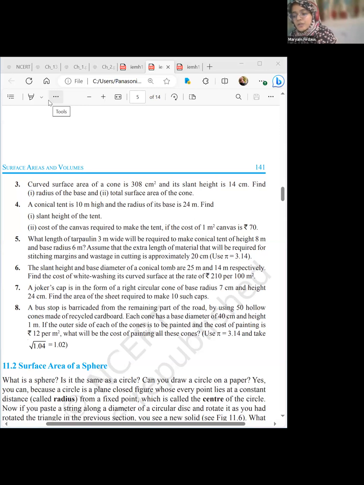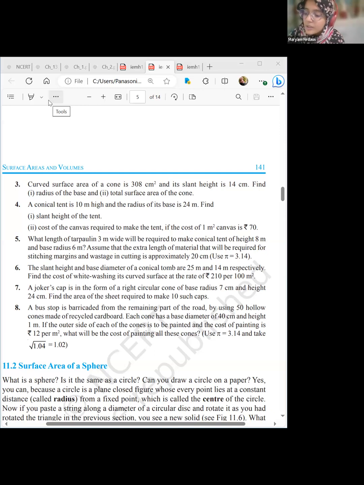That length we will just do plus 20, and that will be our final answer, because they are asking us how much length we need to tell the shopkeeper to cut. So we are going to tell this final answer. This is your 20 centimeters.